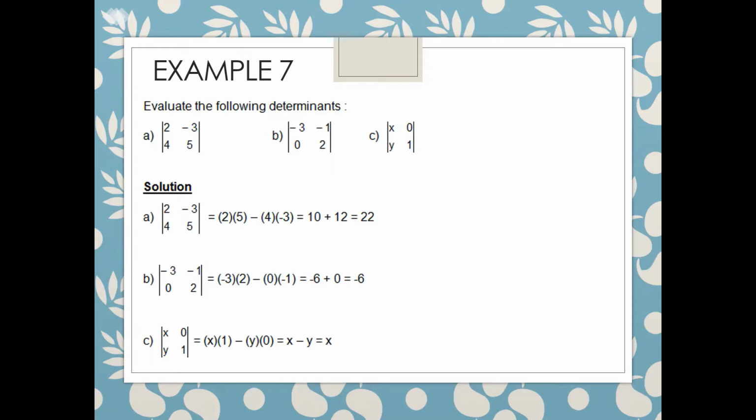For the second square matrix, the determinant is equal to -3 times 2 minus 0 times -1, which is equal to -6. As for the last square matrix, the determinant is equal to x times 1 minus y times 0, which is equal to x.